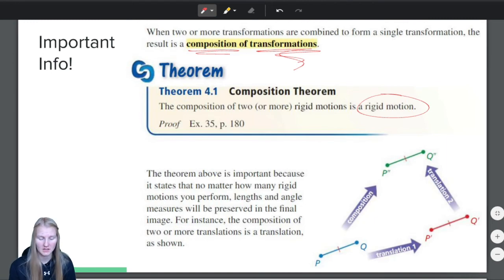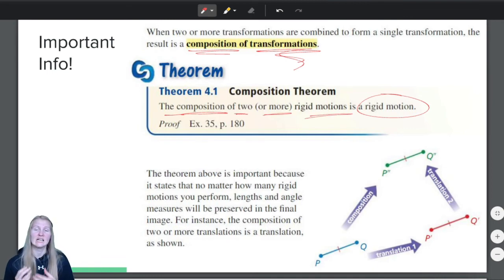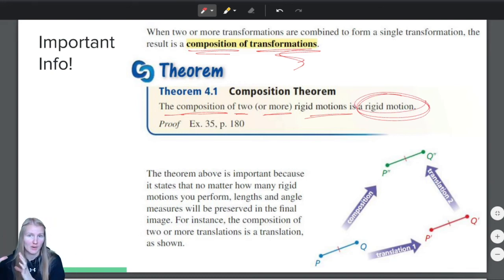And in fact, the composition of any 2 or more rigid motions is a rigid motion. We're going to learn about more rigid motions in 4.2 and 4.3. But you can put as many rigid transformations as you want together, and the final transformation that you get will also be a rigid transformation or a rigid motion. So I thought that was really interesting.